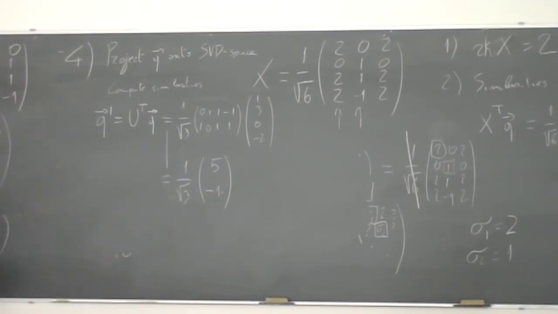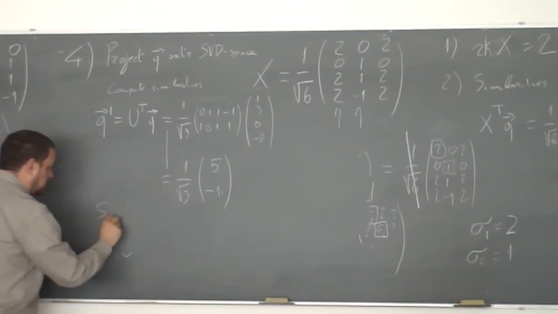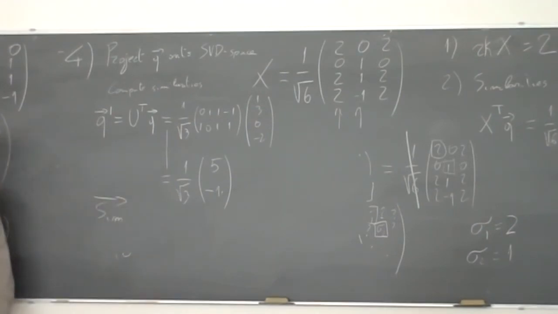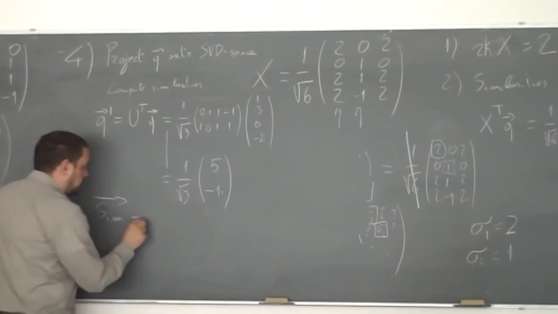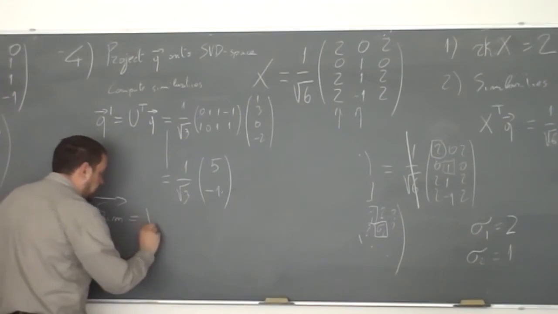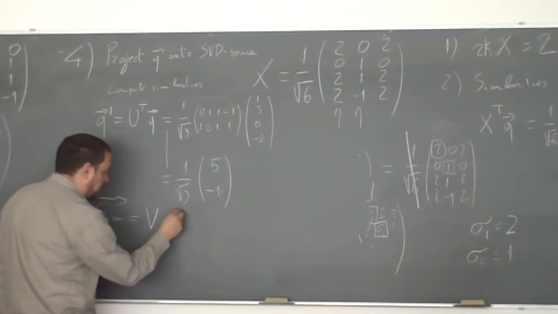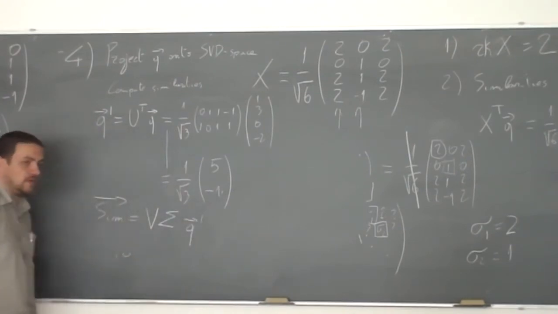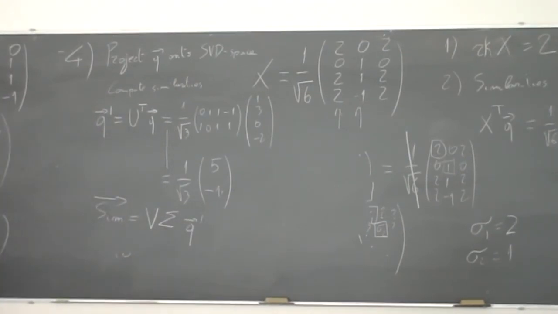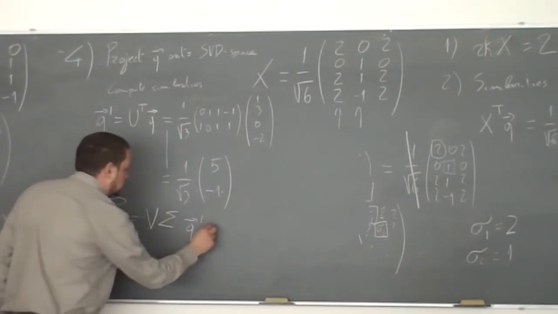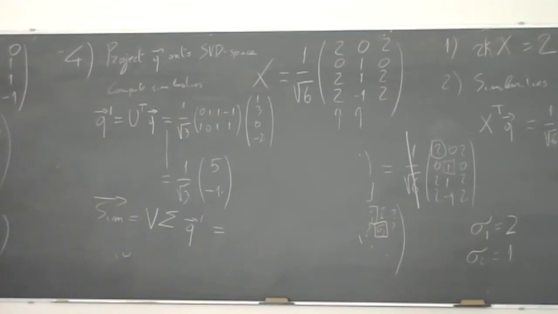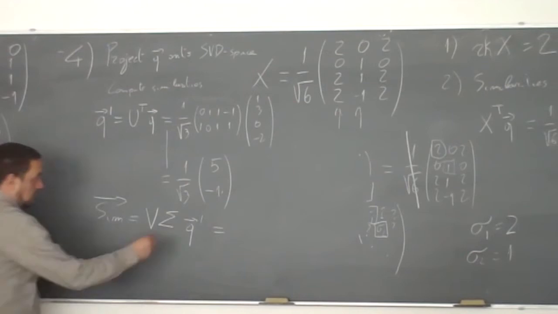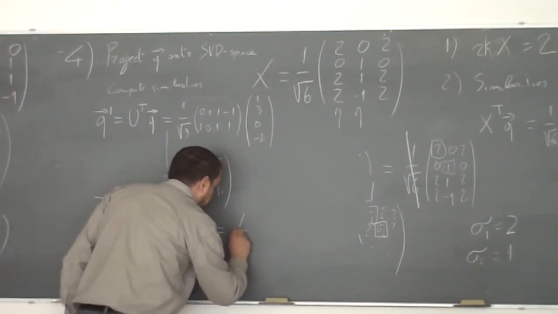And now we know that in order to compute a vector of similarities, we have to multiply V times sigma times our new vector Q prime. But let's write it explicitly.